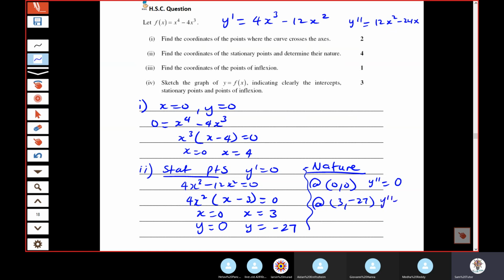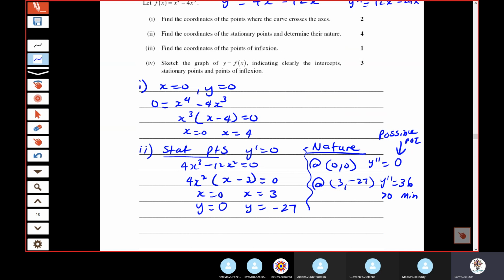And what does y double dash become when you sub in 3? 12 times 3 squared minus 24 times 3. 36. Okay, so what am I going to say with the second one? Greater than 0, which means it's a minimum. This one up here, we can only say it's a possible POI, point of inflection. 4 marks.